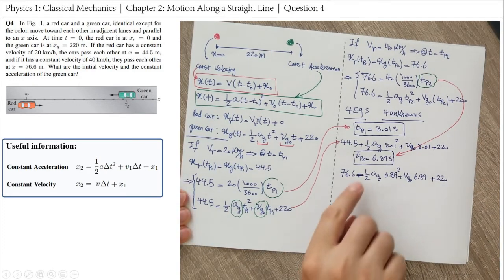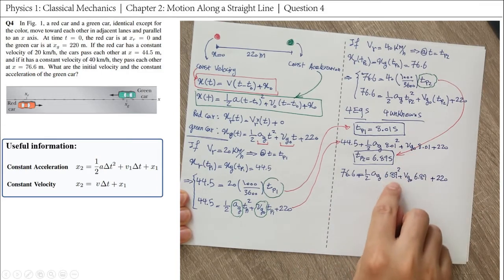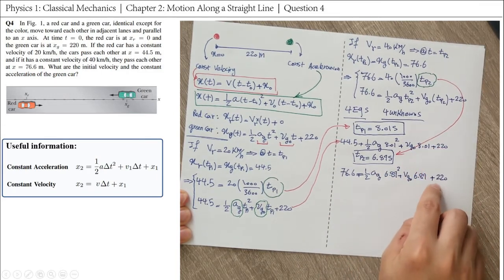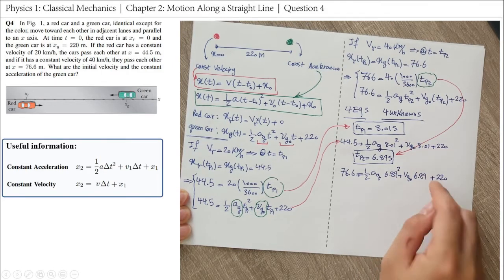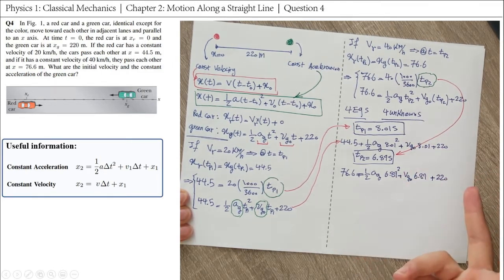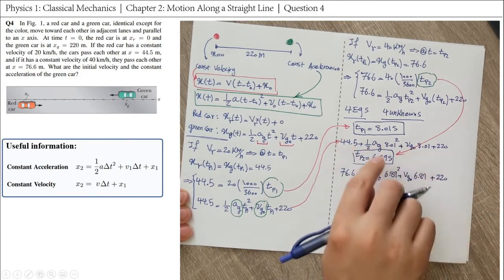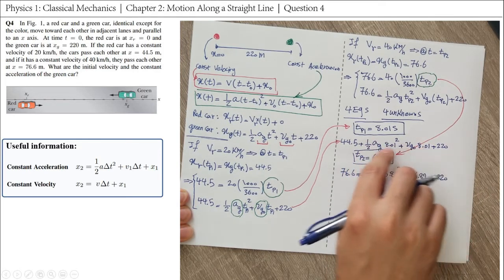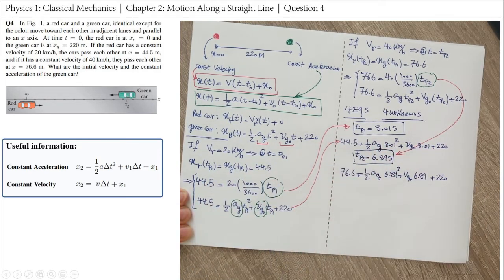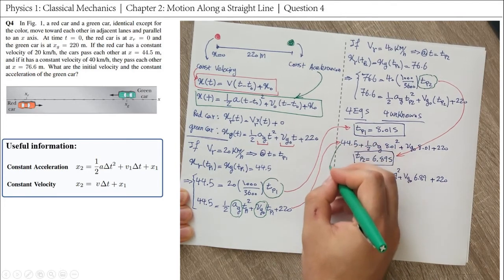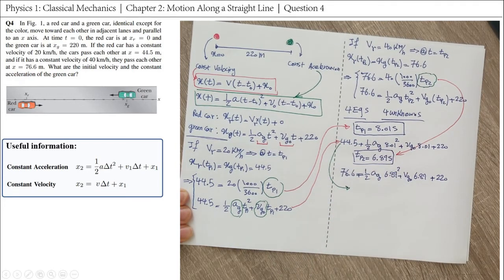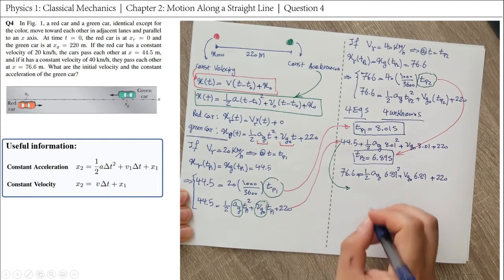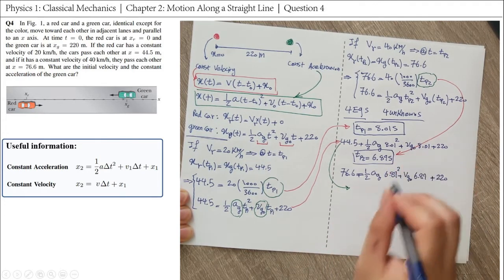Okay, now if you look at these two equations, now we have two equations and two unknowns here, which is a very common system of equations that we've seen a lot of times. If I rearrange this, I can eliminate AG from the first equation. I'm just going to isolate for VG naught.